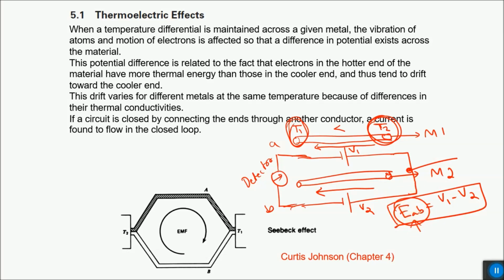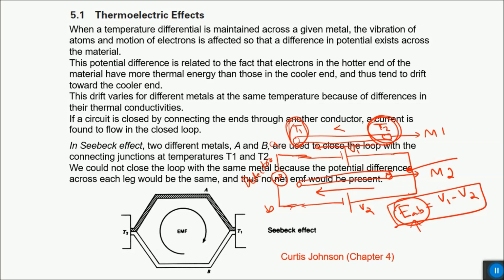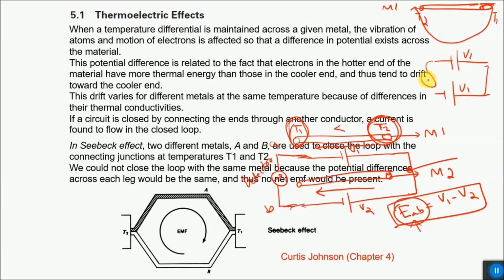If we close this loop, for example, this was the metal M1 and it was at T1 and T2, and if we close the loop with the same material, what would happen? This would be V1, and again this would be V1, and effectively we will get 0-volt output here.